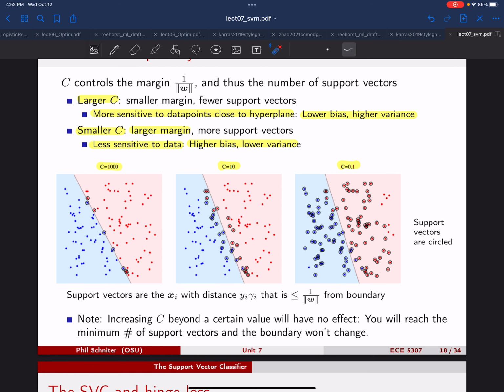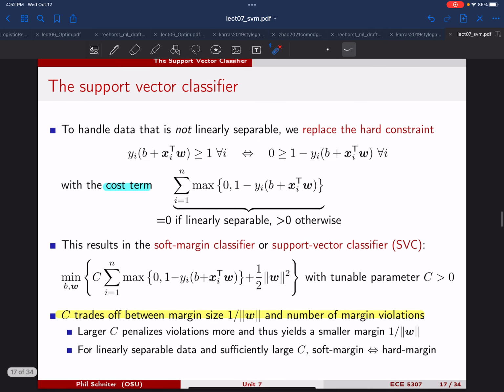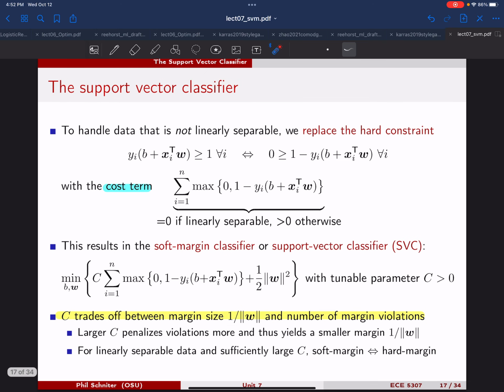Okay. One other thing I forgot to mention is, remember how we were extending that hard margin classifier with a more flexible idea here? Well, it turns out that if your data is linearly separable, and if you choose C large enough, the solution to this new problem will be identical. The soft margin classifier will be identical to the hard margin classifier.